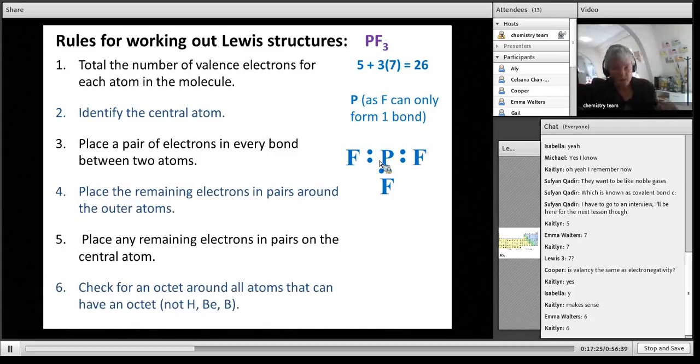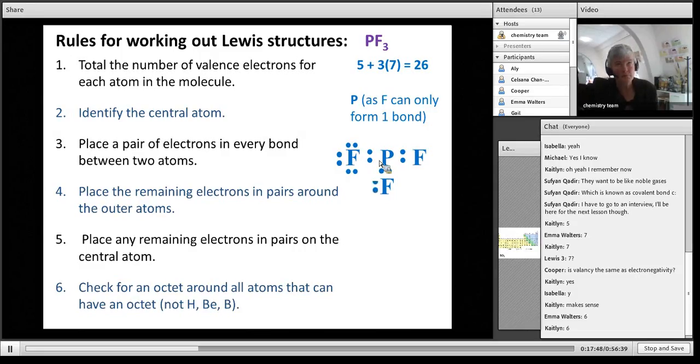So step 4 is put the remaining electrons in pairs around the outer atoms, so that each outer atom has an octet. So if we go for it, there's 2, so we're down to 18 now, down to 16, down to 14. That fluorine now has an octet. It's got 8 dots around it. So I go to the next fluorine.